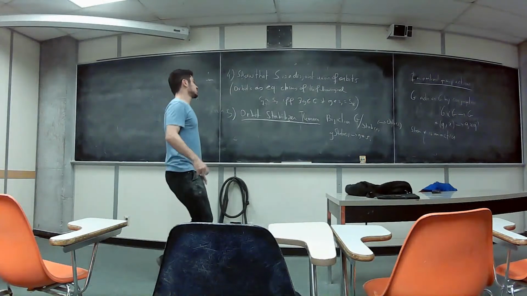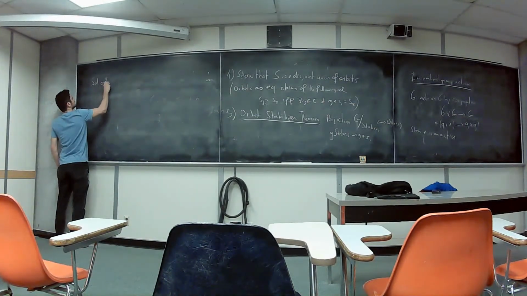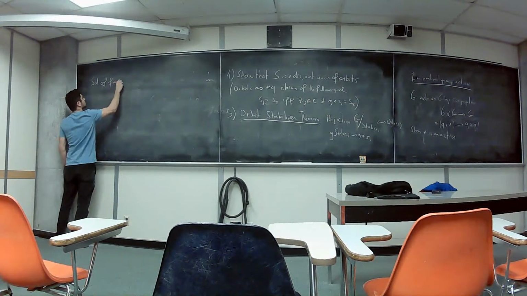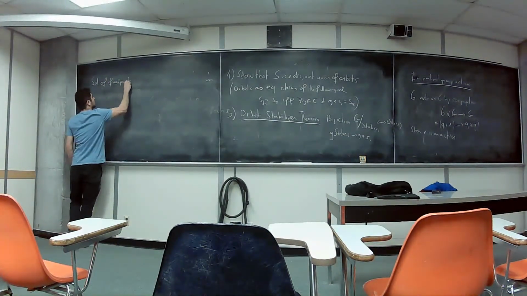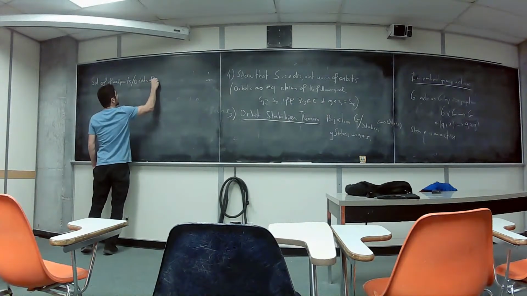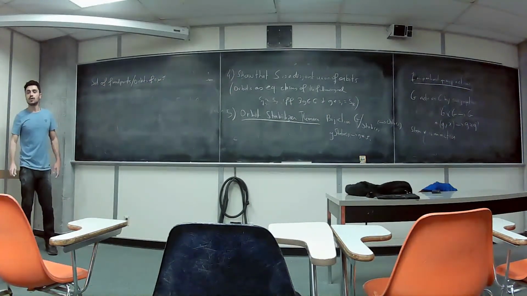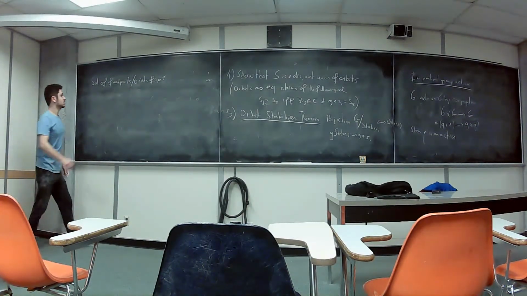Now, what is the set of fixed points here? The set of fixed points, or the set of orbits of size 1. What are the elements that are fixed by this action? g x g inverse is equal to x for all g in G if and only if x belongs to the center of G, right?